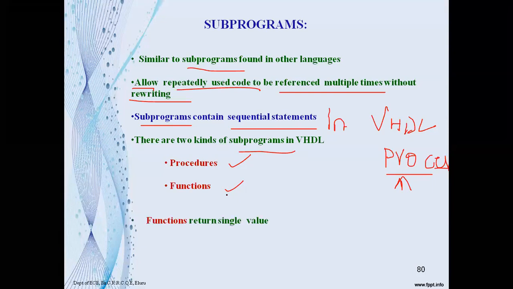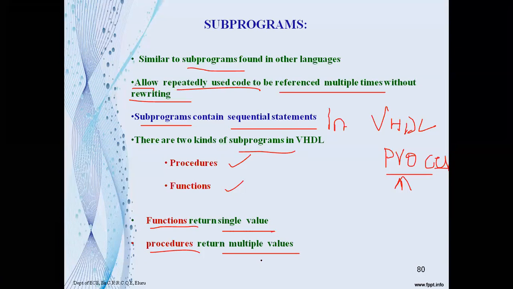In a single statement, we can say that functions return a single value, and procedures return multiple values. Actually, functions and procedures are meant to perform a function, right?